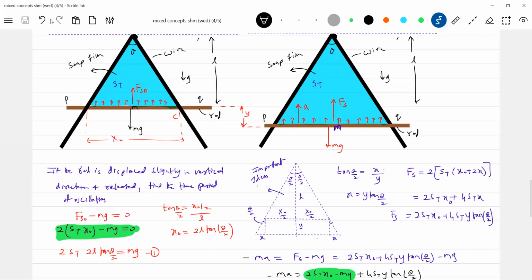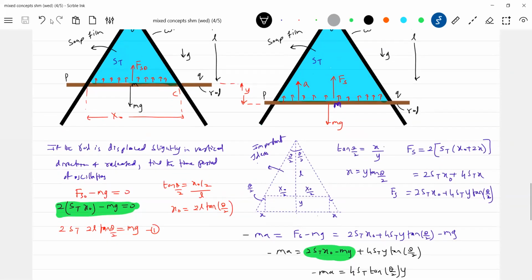Tan theta by 2, I think we can replace in terms of L. Can we bring the answer?